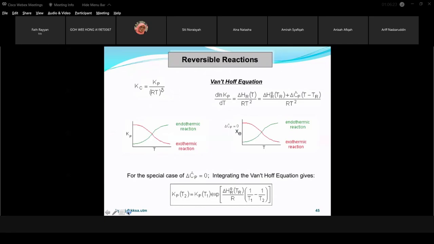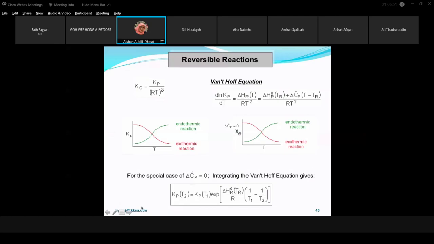This is a reversible reaction. Actually, in chapter 8, they always ask you using reversible reactions, but sometimes they use irreversible, though usually they ask the reversible. So what is the difference?